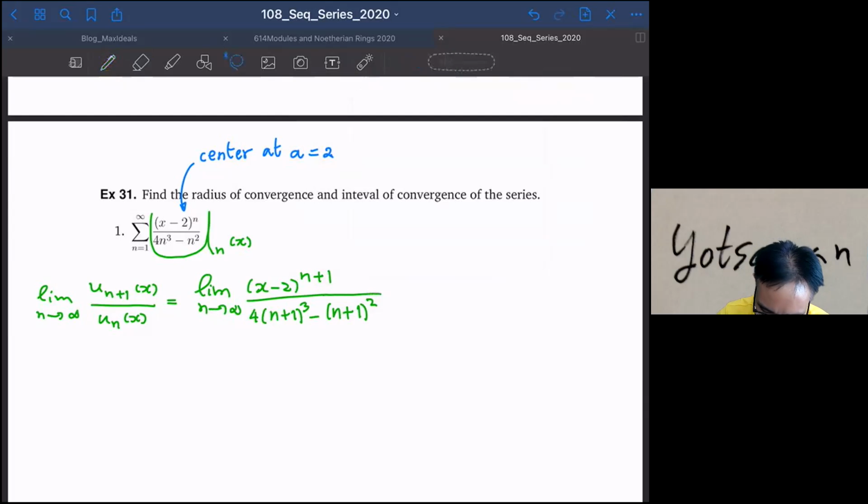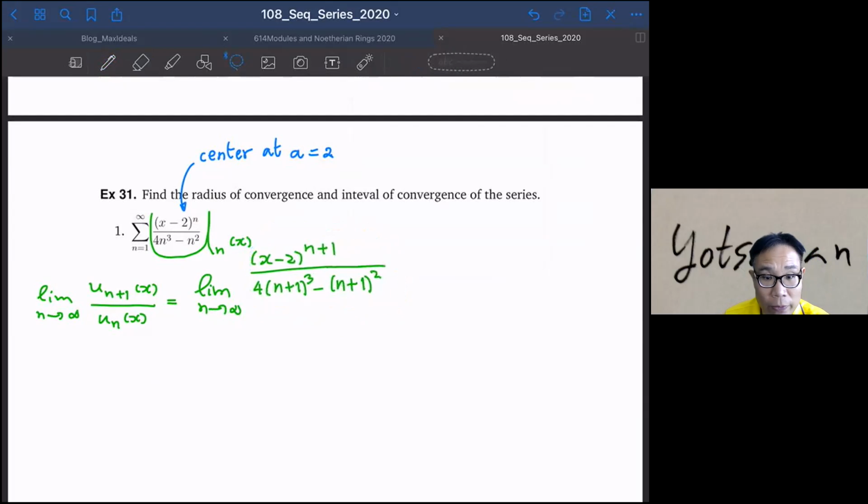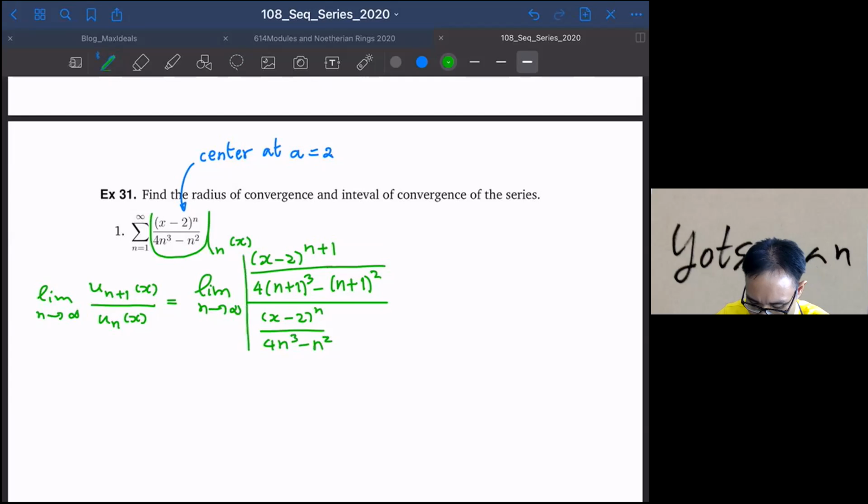Let me move this up a little bit. So this is un plus 1 of x, and you have everything over un of x, which is (x minus 2) to the n over 4n cubed minus n squared. And you must put absolute value like this also.